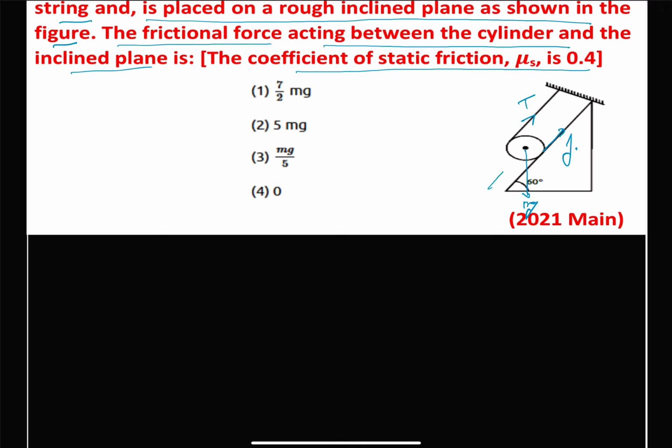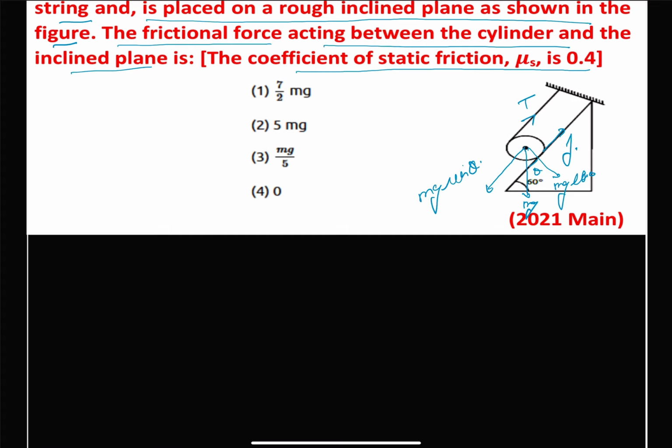Its two components, this angle theta is 60. So we are going to have mg cos theta and mg sin theta. And there will be a normal, but the motion is only down the inclined plane, so we are going to just ignore it because we are not interested in that.